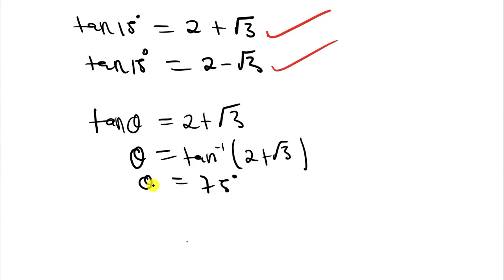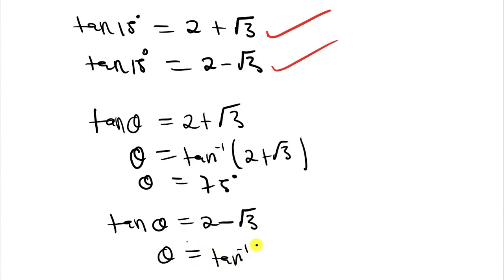Again, tan theta is equal to 2 minus root 3. Let's find theta: theta is equal to tan inverse of 2 minus root 3, and indeed this gives us 15 degrees.